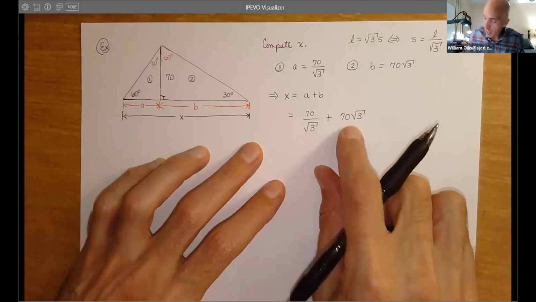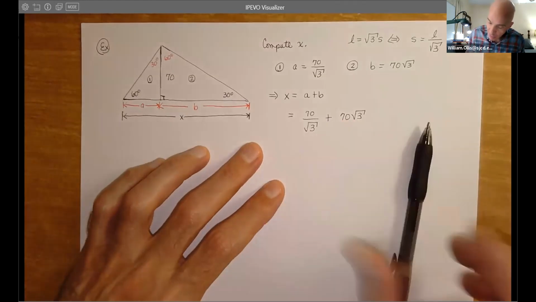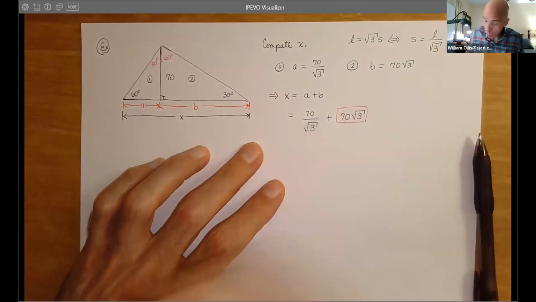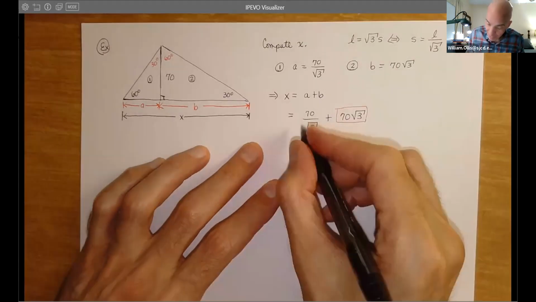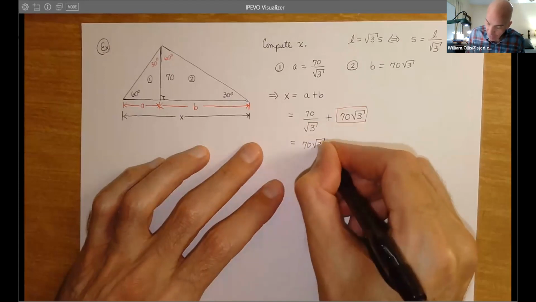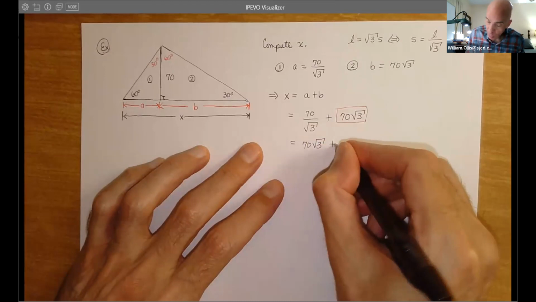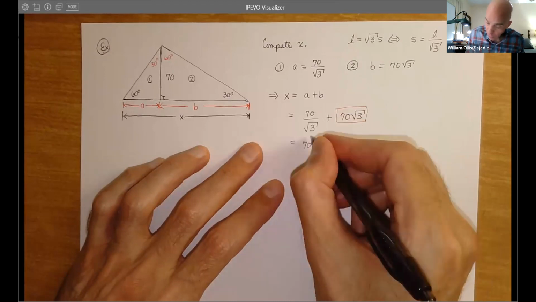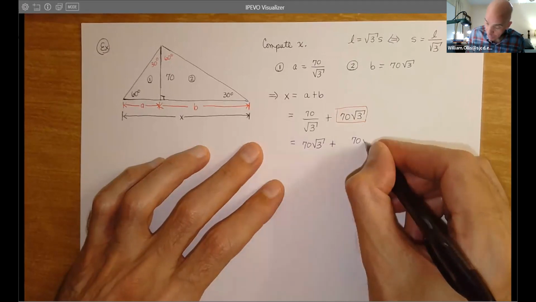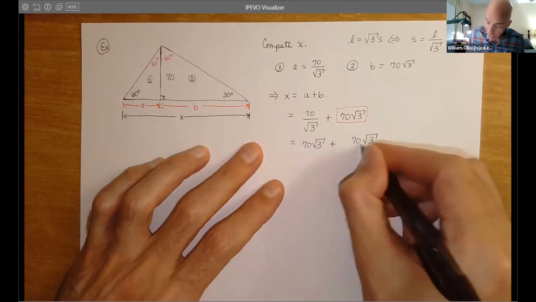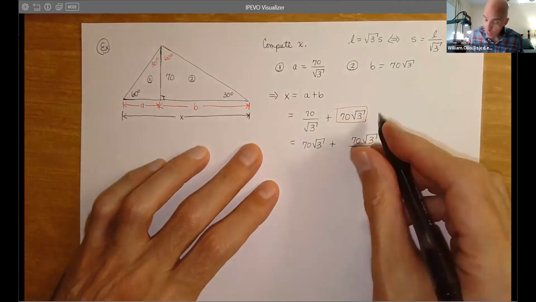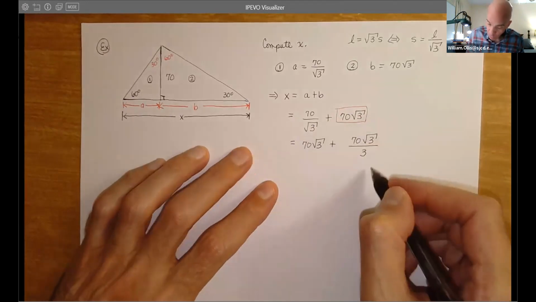So if we're thinking of just extracting this, then let's set up for that. So what we'll do is write it in reverse order and then prepare for it. So we'll hit it with a root 3 over root 3. So we'll do 70 root 3, and root 3 times root 3, that'll just be 3. So this kind of prepares for that. So multiply and divide by root 3.